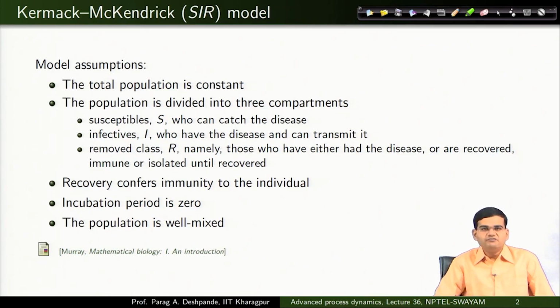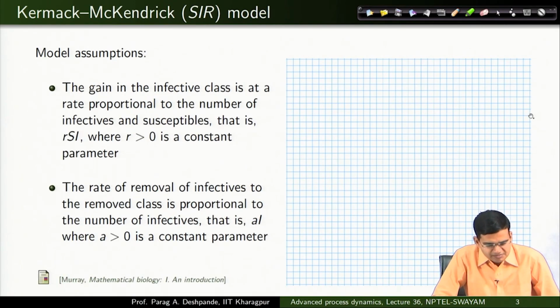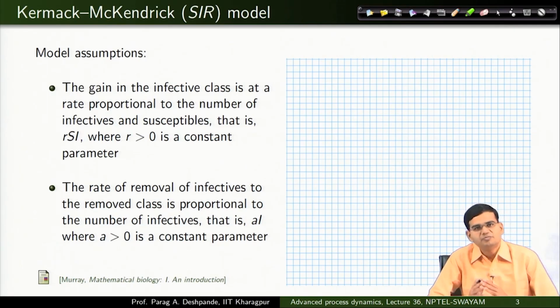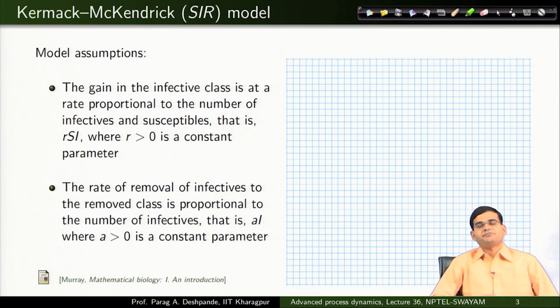Now, when we have these assumptions, what mathematical statements can be made? Let us see if we can make some mathematical statements. So, now the analysis becomes a little more mathematical. The gain in the infective class I is at a rate proportional to the number of infectives as well as susceptibles.